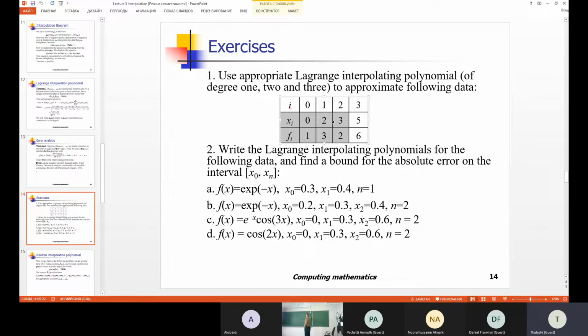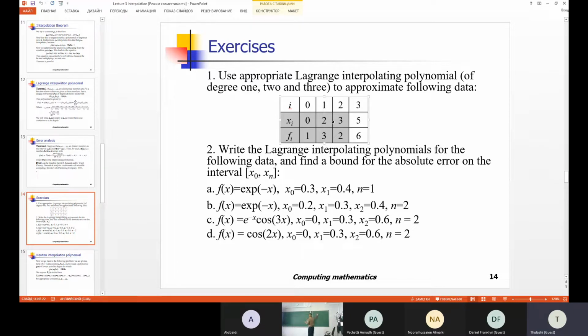x squared minus 3x over minus 2. It seems correct, and also it's very simple to check. If it's L1, if you substitute here 0, you should get 0.